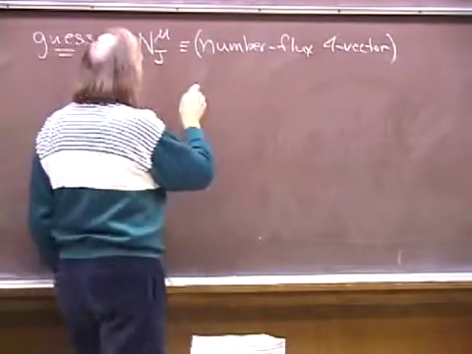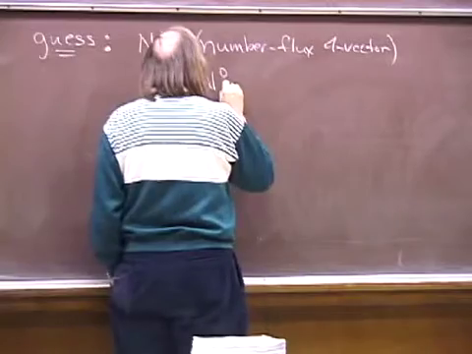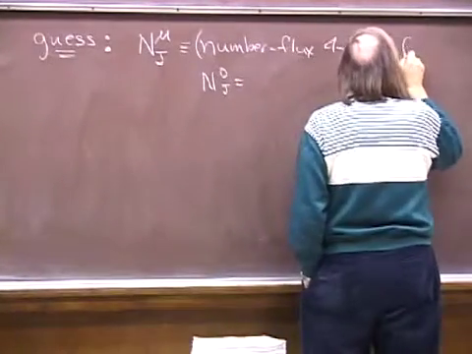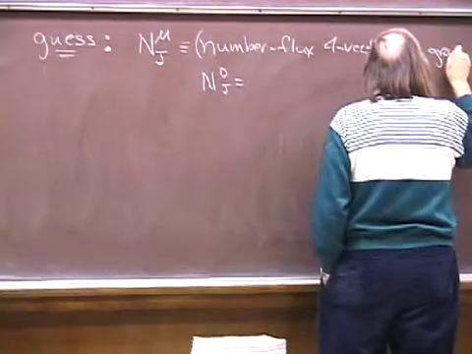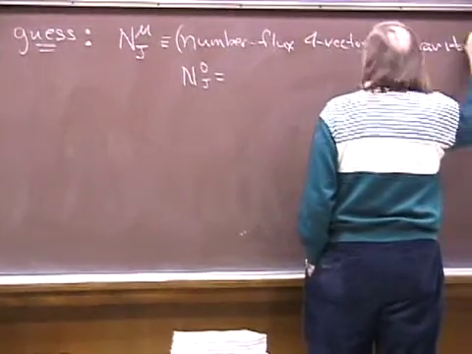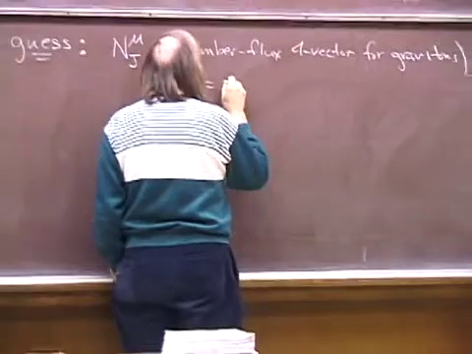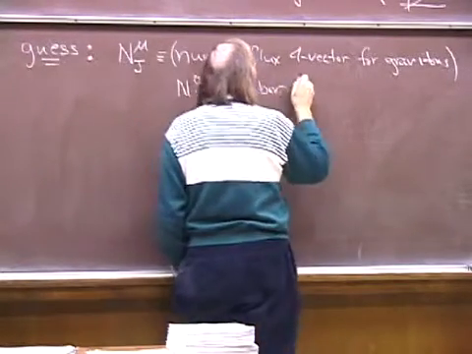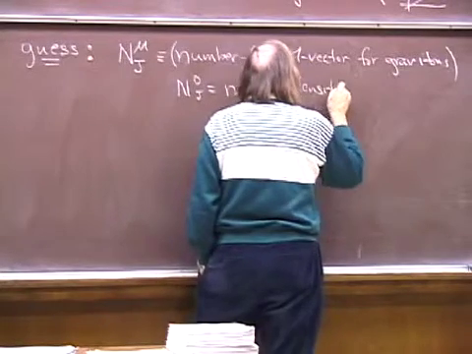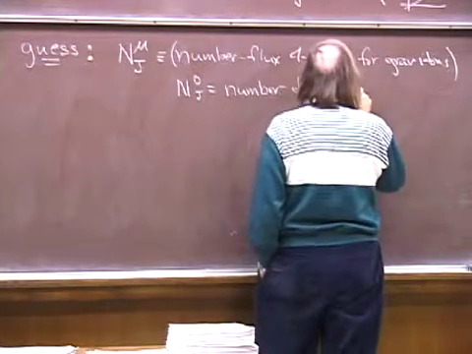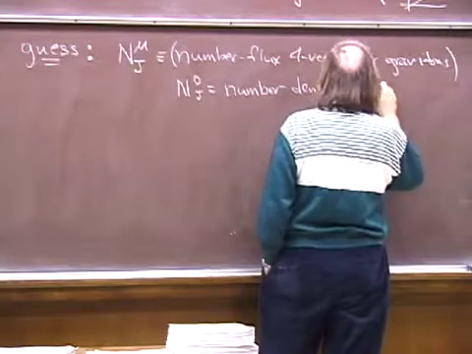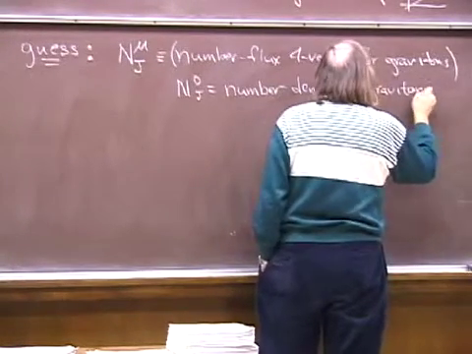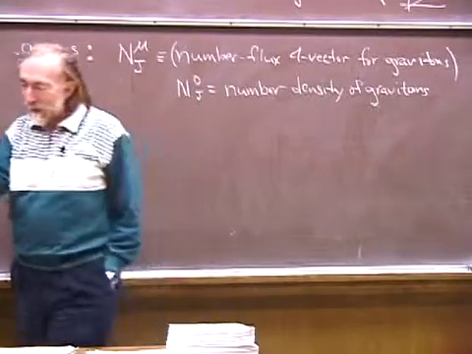It's a thing such that the time component would be the number density of gravitons in any reference frame, the number per unit volume of gravitons that would be seen by an observer who can just sit there and count gravitons.